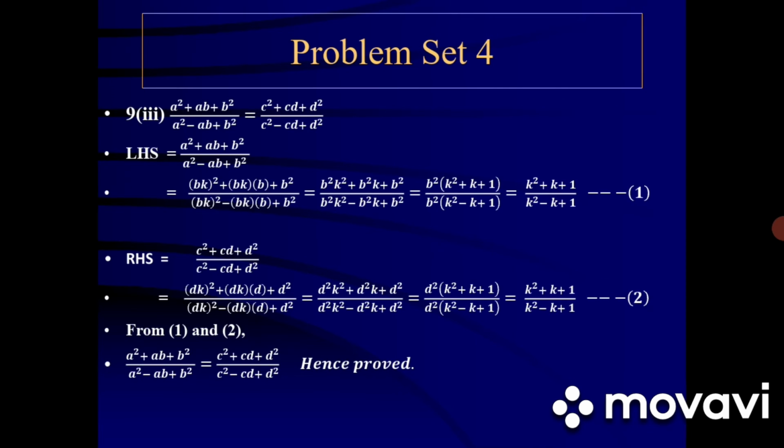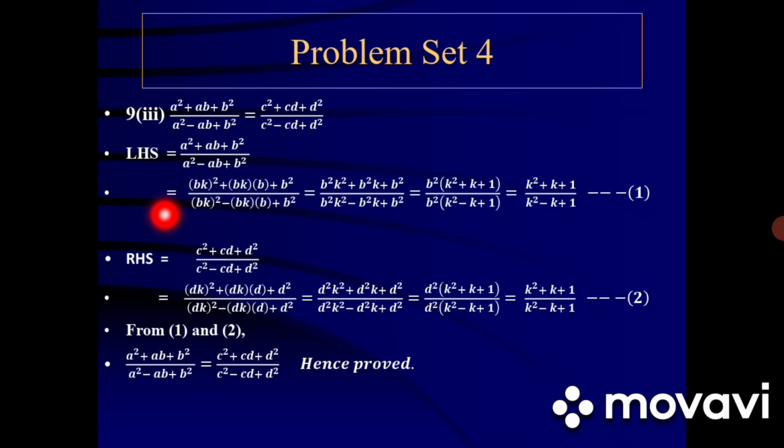Question number 9, subdivision 3. A square plus AB plus B square upon A square minus AB plus B square is equal to C square plus CD plus D square upon C square minus CD plus D square. Left hand side is equal to A square plus AB plus B square upon A square minus AB plus B square.